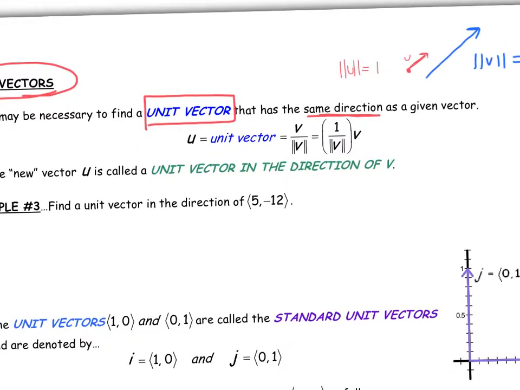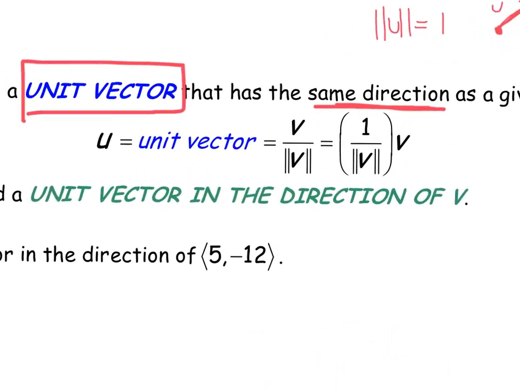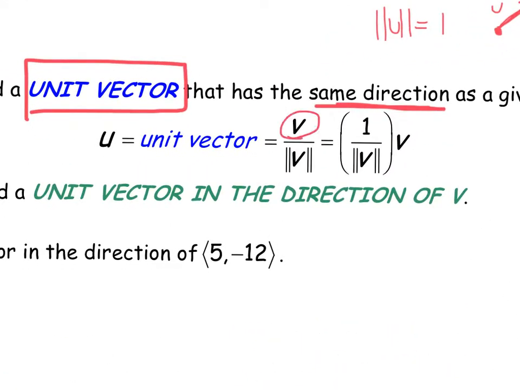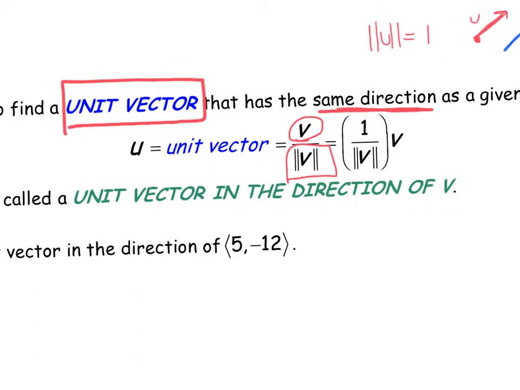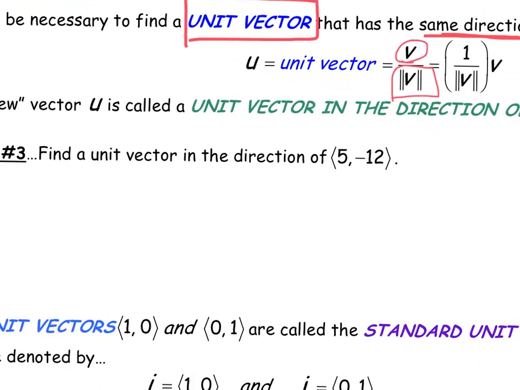Okay, so all we do is take our vector and divide it by the magnitude. That's it. So for example, this is my vector here in example number 3: find a unit vector in the direction of <5, -12>. I'll call this one v, it's just a little bit easier.